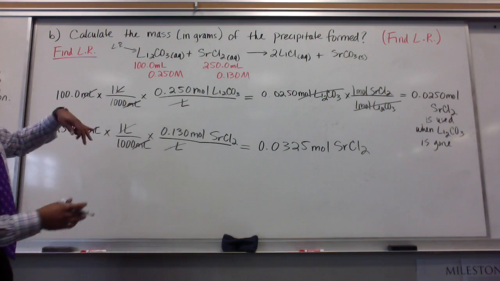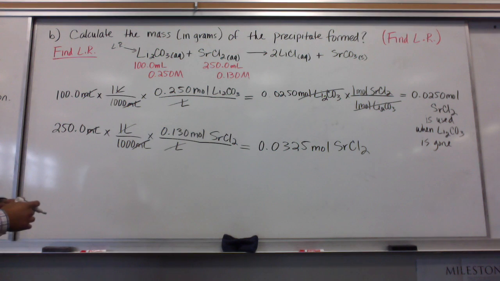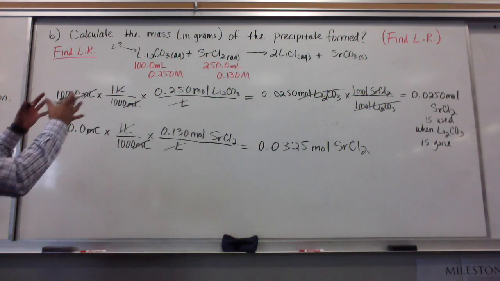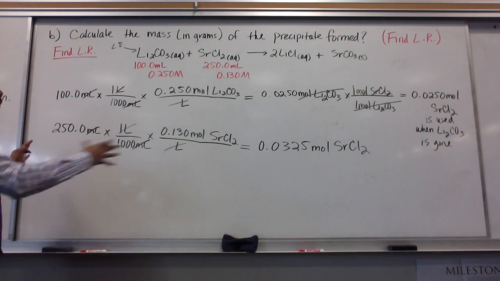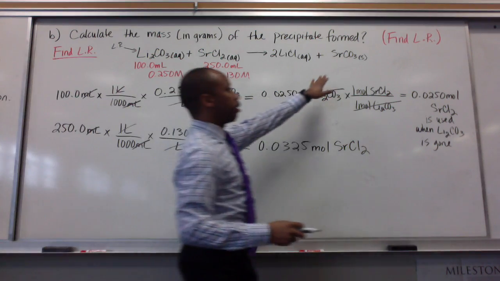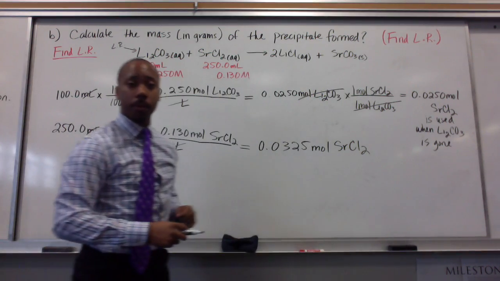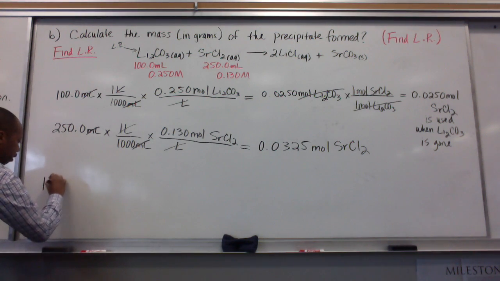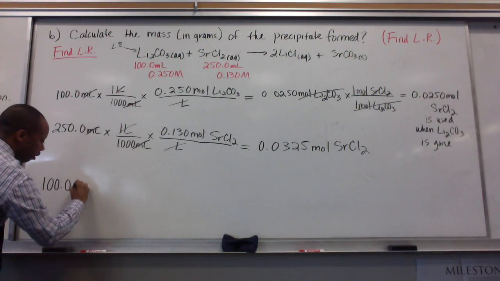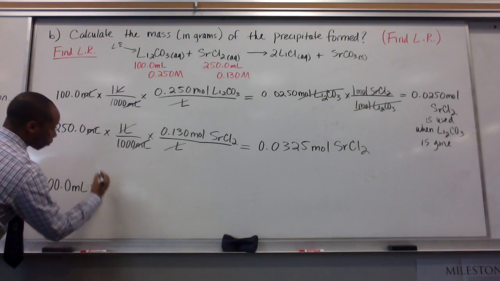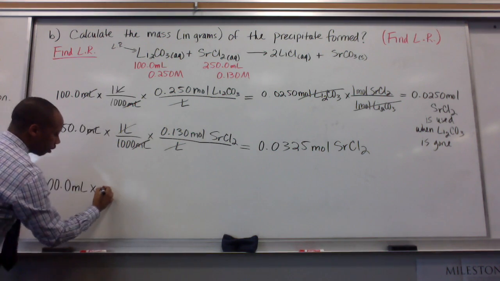So now to answer my question, calculate the mass in grams of the precipitate formed. So in order to calculate this mass of precipitate formed, I have to use my limiting reactant to figure out the mass of strontium carbonate, which is my precipitate that will be formed. So I start, same place I started here. I have 100 milliliter solution of my lithium carbonate.